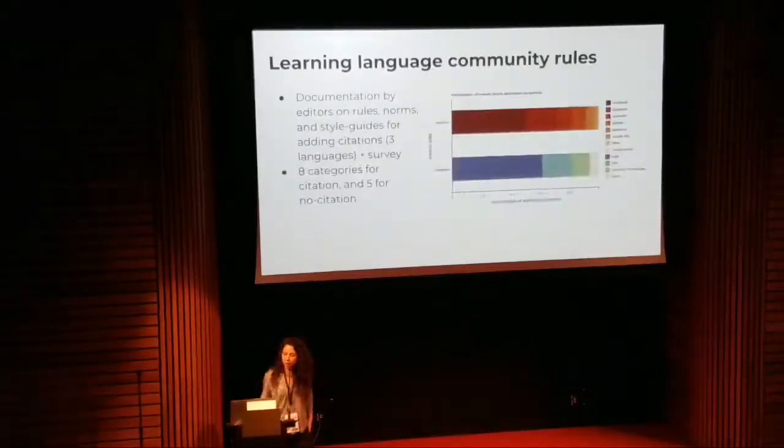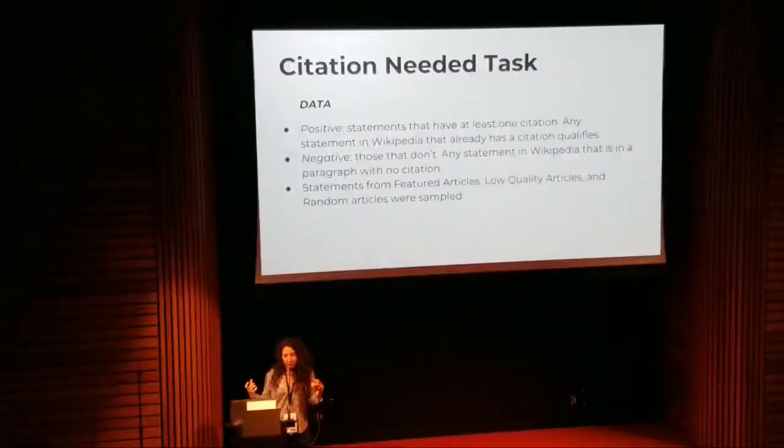Cool. So very briefly, we did an experiment with editors, and we came up with a taxonomy of reasons why sentences need to be cited or not cited in Wikipedia. Then we applied the knowledge that we acquired to design a framework that can detect sentences that need citation.